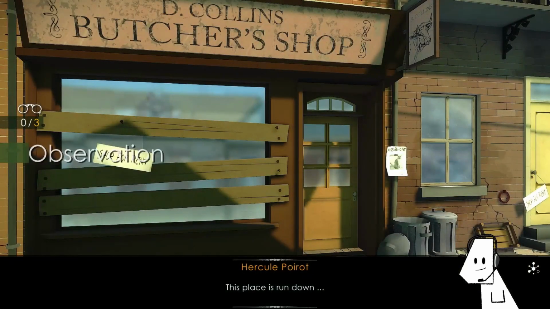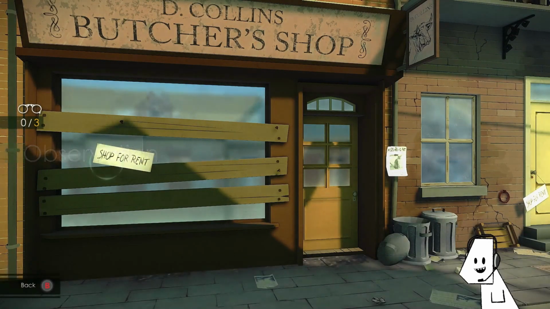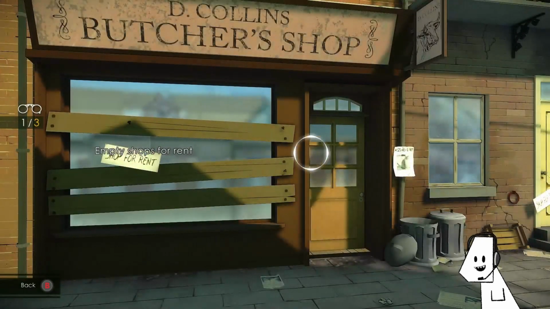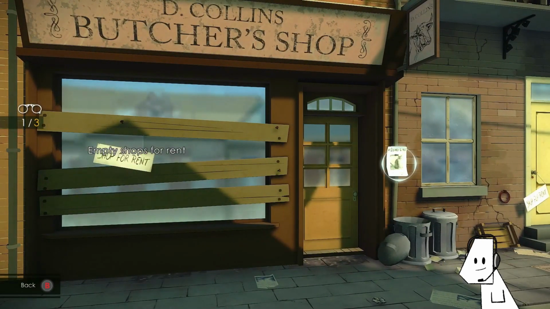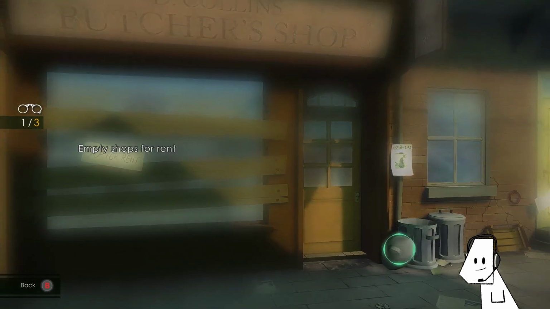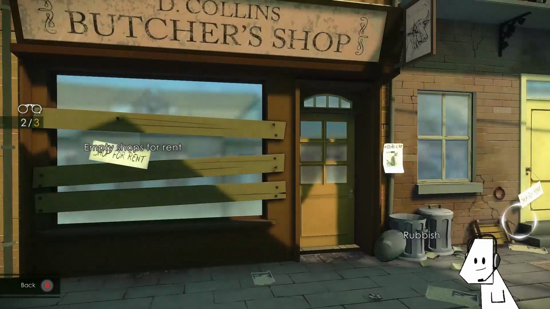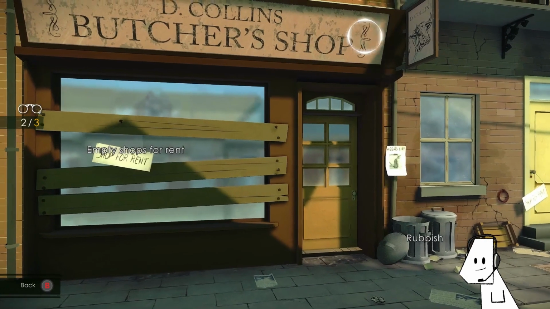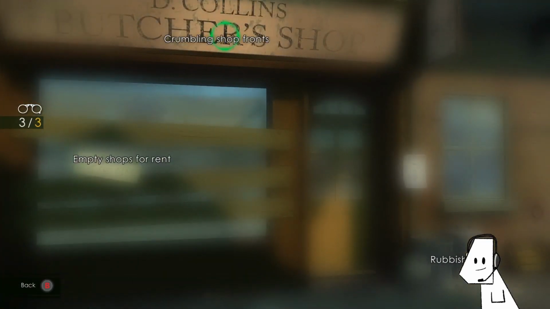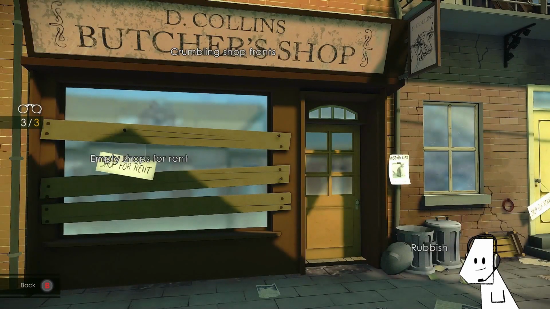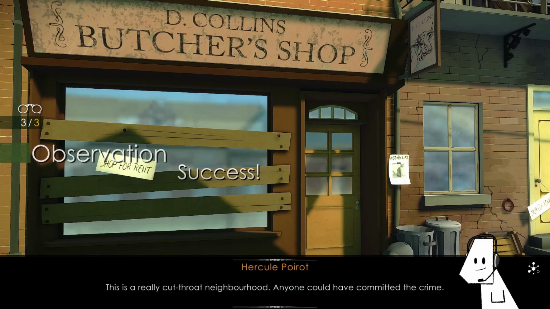This place is run down. Okay. We've got a shop for rent. A missing cat. Rubbish. Okay. Crumbling shop fronts. Does that give us anything? This is a really cutthroat neighborhood.